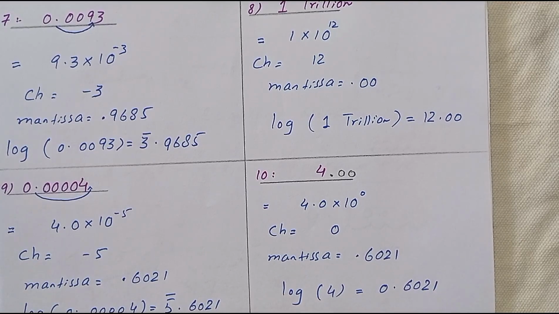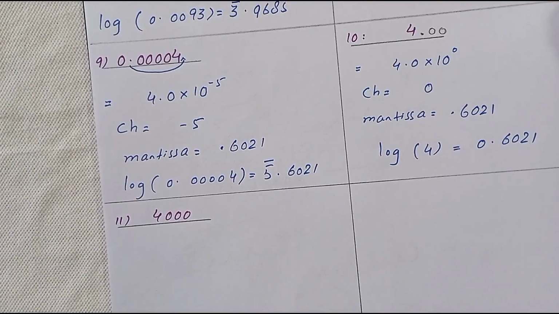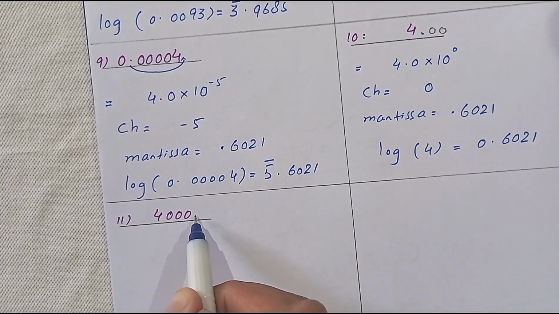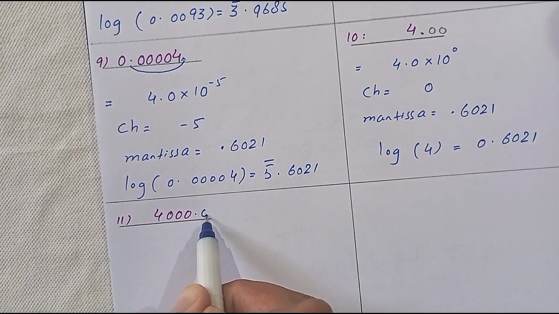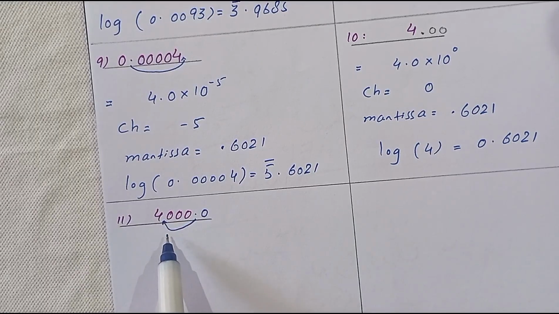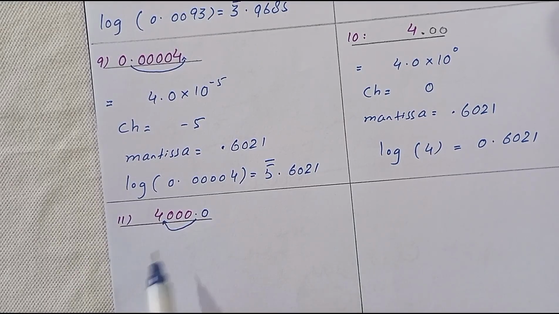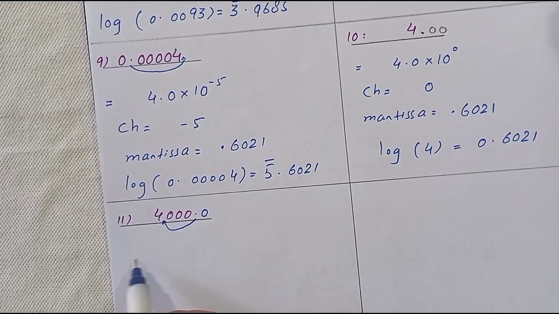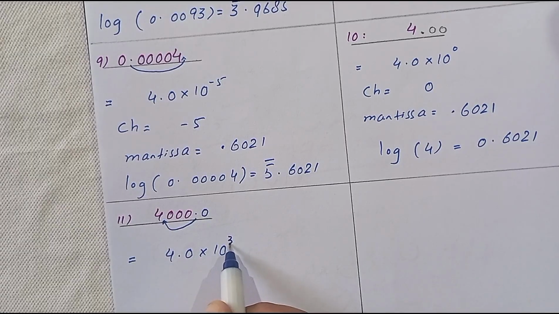log of 4 equals 0.6021. In question number 11 we have to write the number again in scientific notation and assume that the decimal is after 0. So we have to move that decimal after a non-zero number, as we are moving to the left side, so the power is positive, and counting the number of digits 1, 2, 3. So in scientific notation we write it as 4.0 multiply 10 power 3.